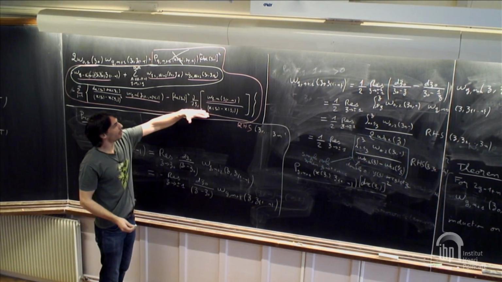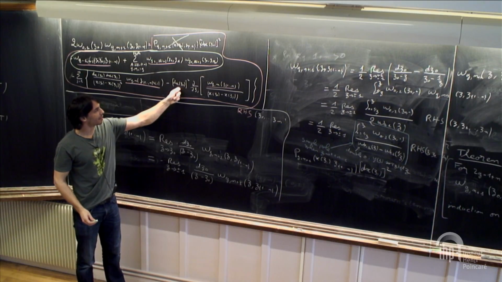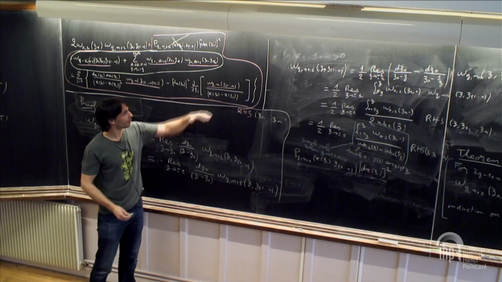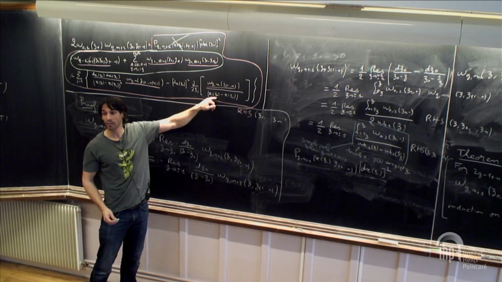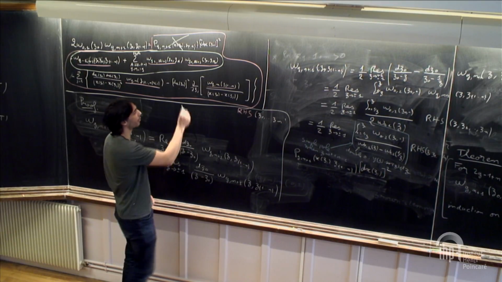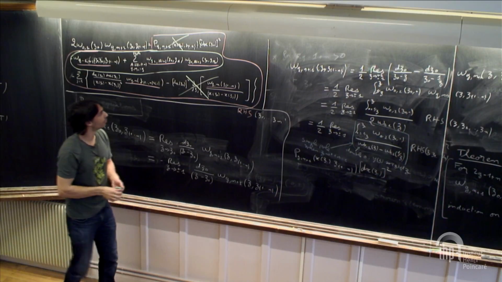Now, if I look at this object, it's something very similar. It's dx of z0 squared, which has a double 0, times a rational function in x of z0, which doesn't have any pole at the branch point. So you can use exactly the same argument. It doesn't give any contribution.